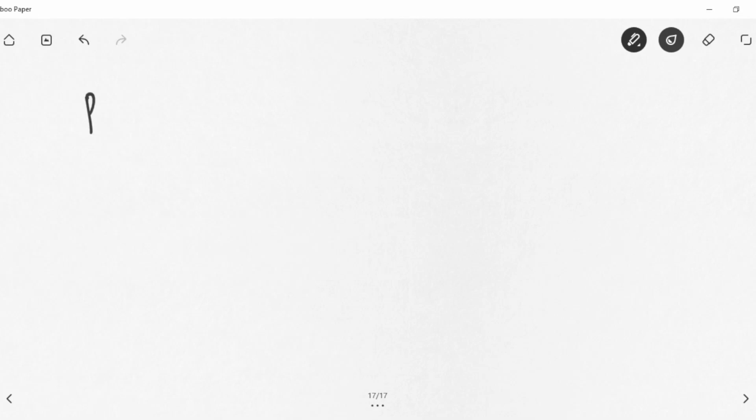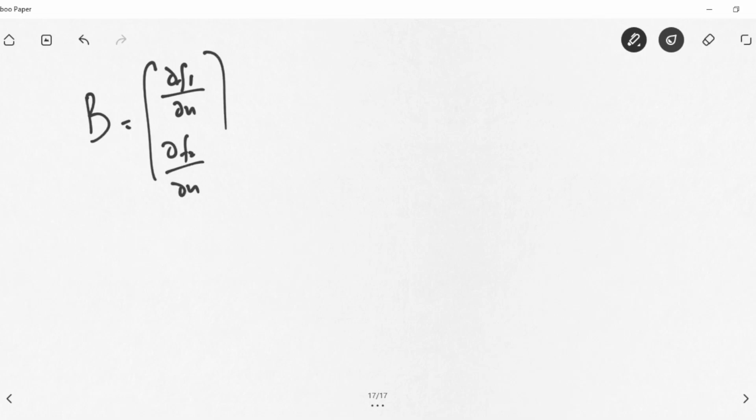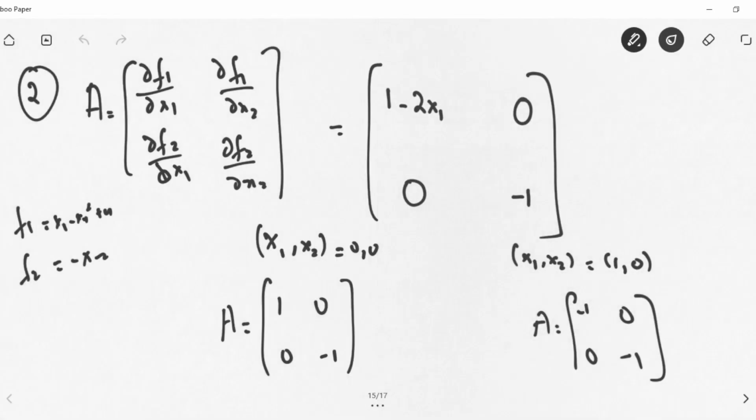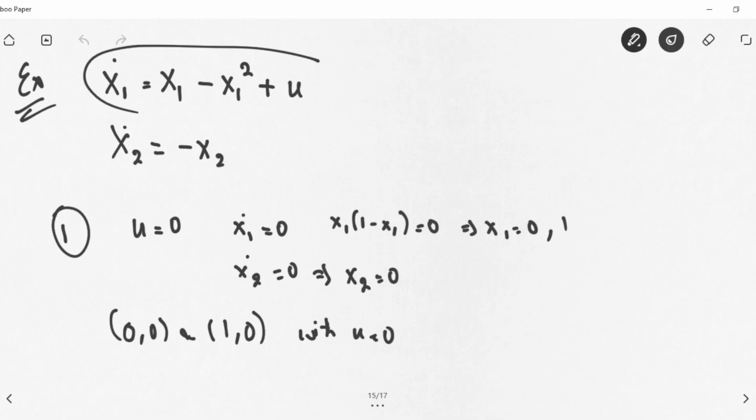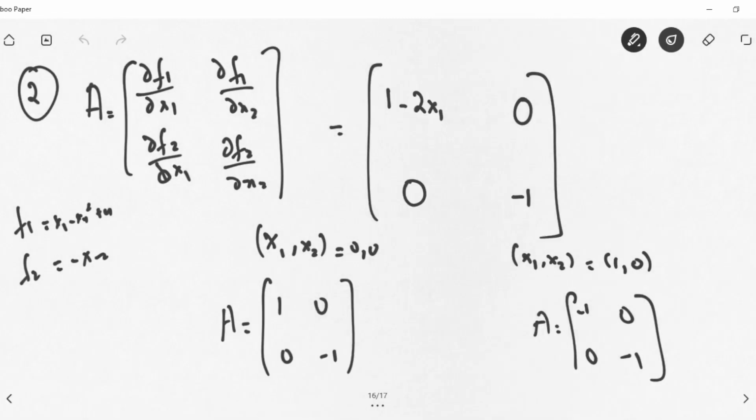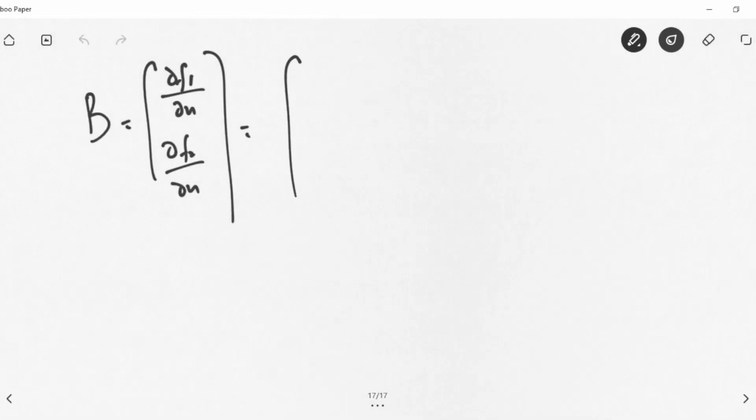Now we have to find out the B matrix also for this case. So it will be delta f1 by delta u, delta f2 by delta u. If we look at f1 and differentiate this with respect to u, it will come out to be 1. The f2 has no dependency on u, so it will come out to be 0. Once we substitute the equilibrium points here, B is the same.